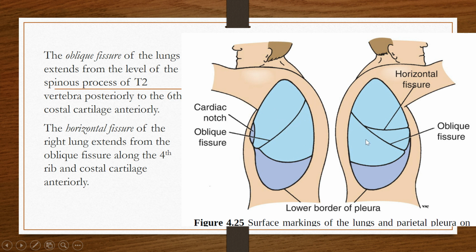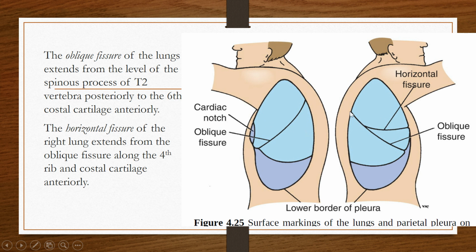The fissures in the right lung are the oblique fissure and the horizontal fissure. In the left lung, there is only the oblique fissure. There is no horizontal fissure in the left lung.